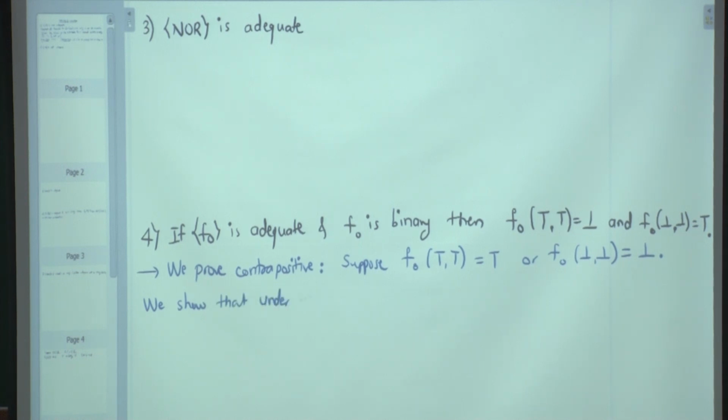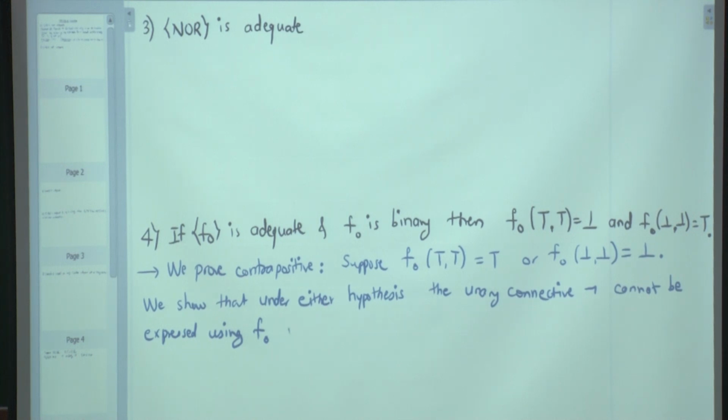Under either hypothesis, the truth table, the unary connective negation cannot be expressed using f0 via induction.